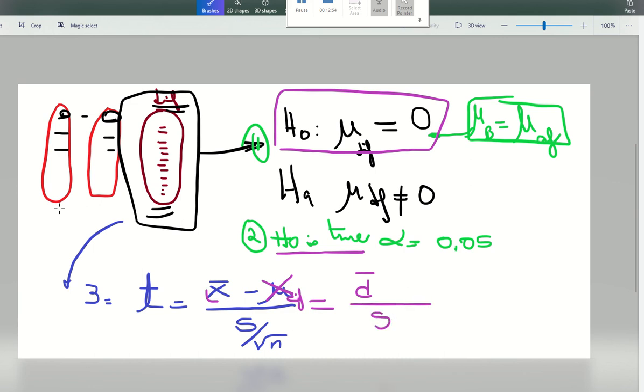Well, standard deviation of what? The before, the after, or the differences? Well, remember, we're only working with the differences. So it's actually the standard deviation of the differences, and you're going to divide it by the square root of n. And n here stands for the sample size that is inside before, inside after, meaning the number of pairs.